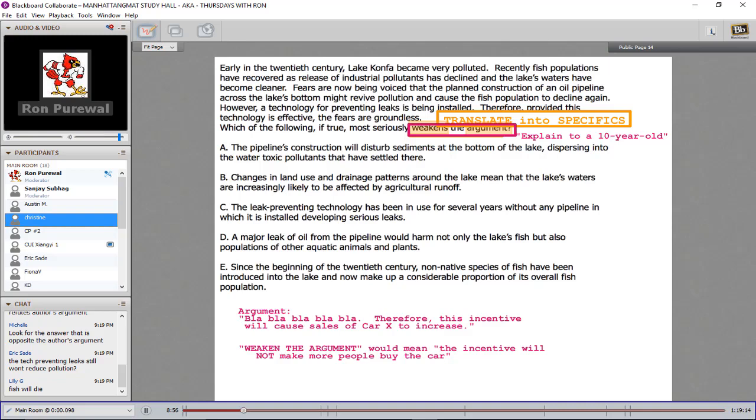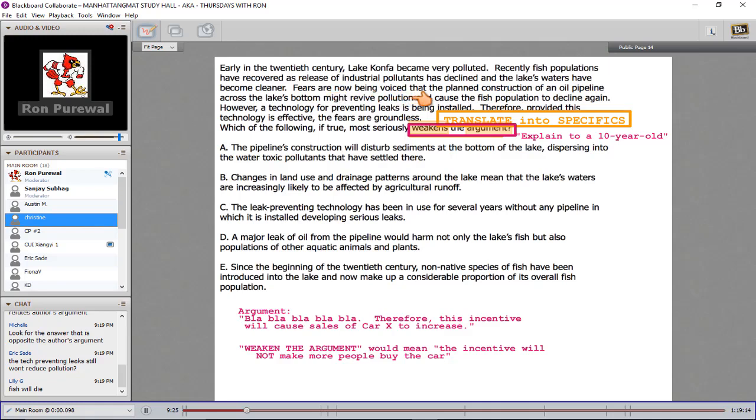And that's what's killing the fish, although more specifically we're worried about the pollution, right? So what we have here is this lake used to be really polluted. Now it's not anymore. But they're thinking about building a pipeline, and that might pollute the lake again.